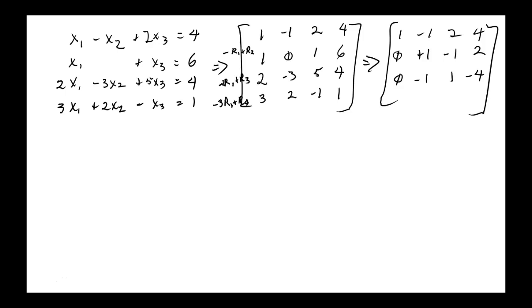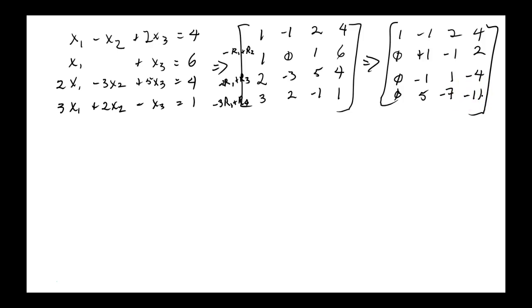Okay? And what does that give you? 0, 5, -7, is that right? -7? Okay. And -11.